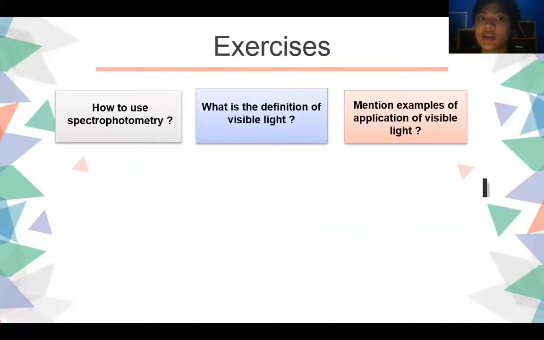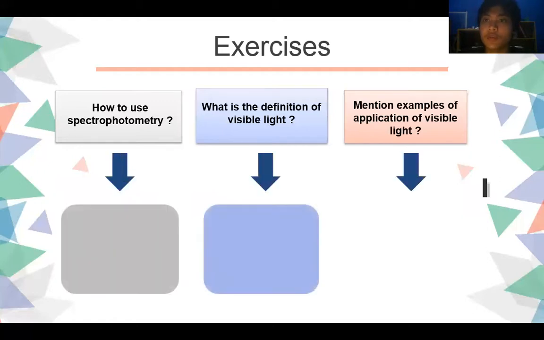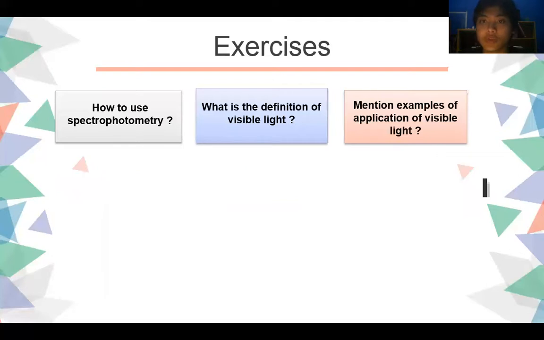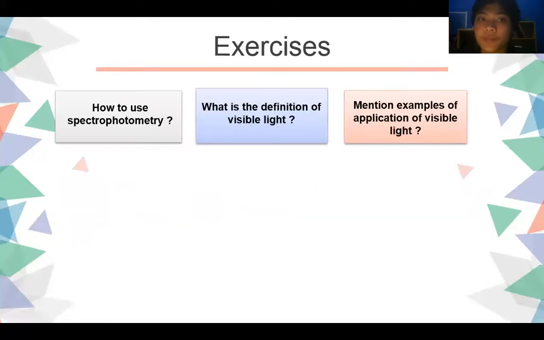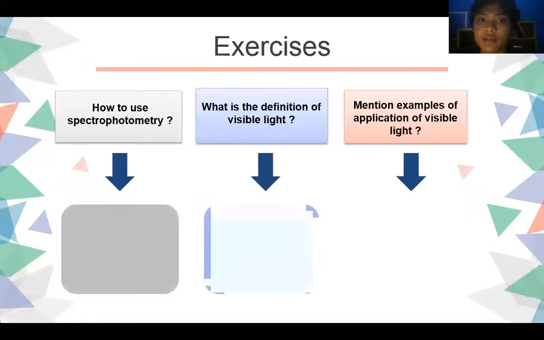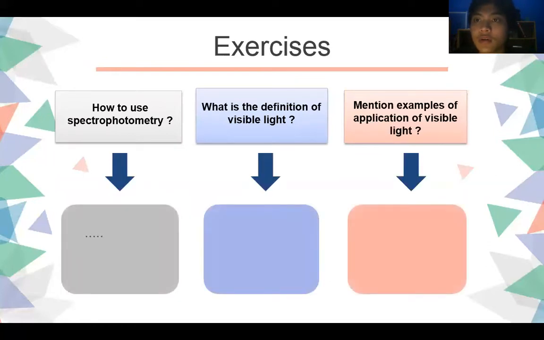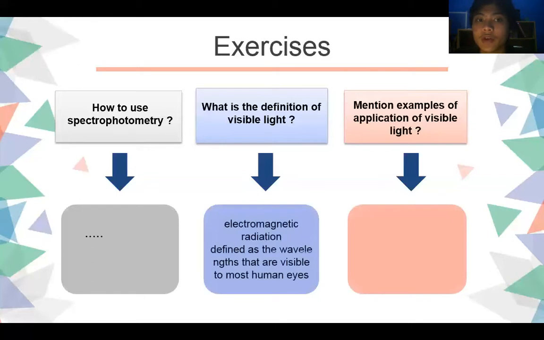The next exercise: how to use spectrophotometry. This is the answer. What is the definition of visible light? Electromagnetic radiation defined as the wavelengths that are visible to most human eyes.